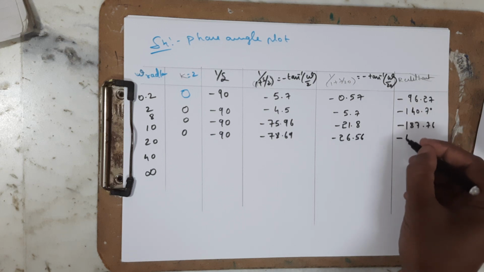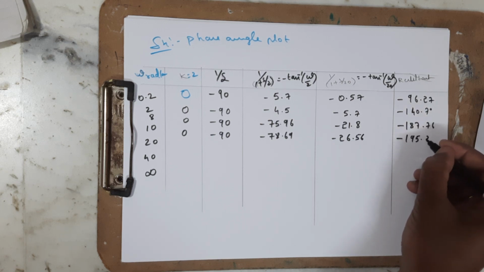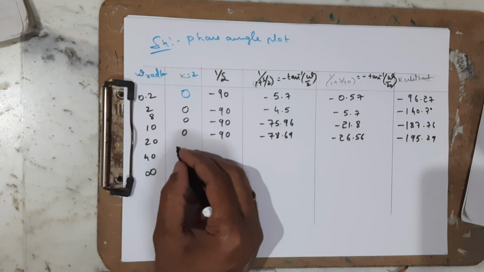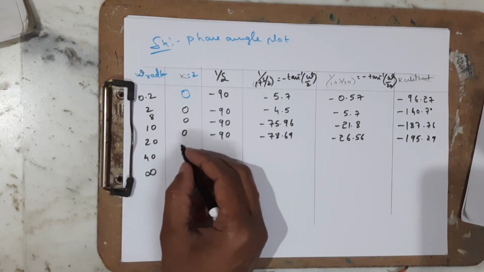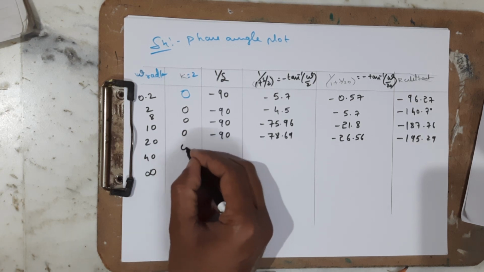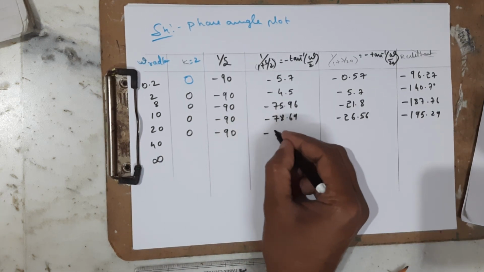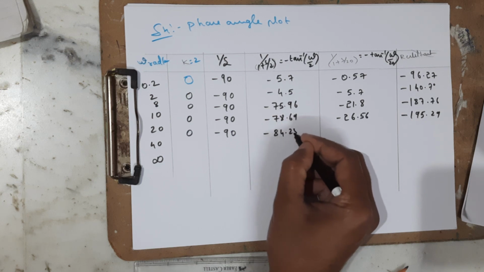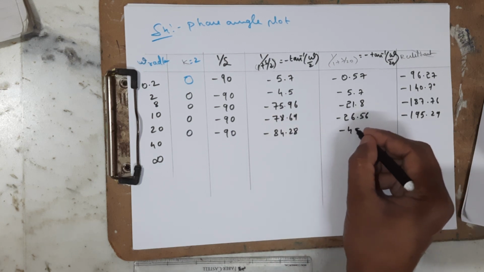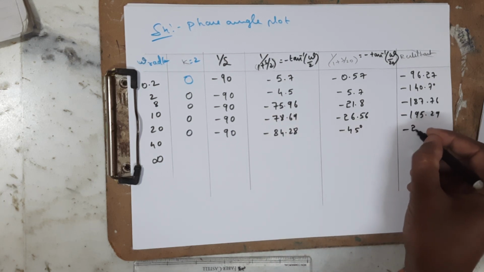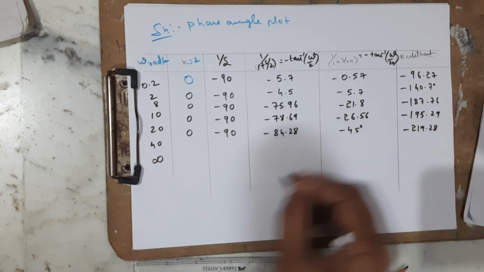The resultant is minus 195.29. For omega equal to 20, we have 0, minus 90, minus 84.28, minus 45 degrees, giving minus 219.28.